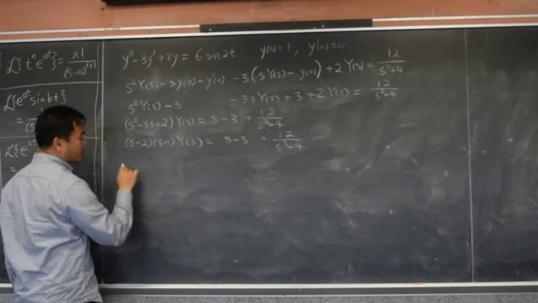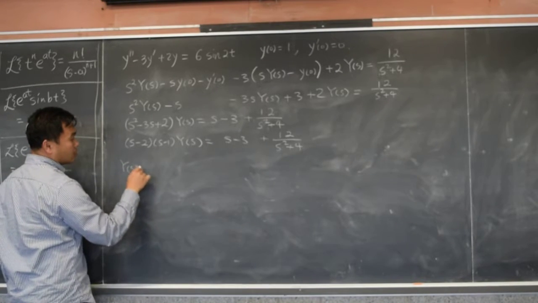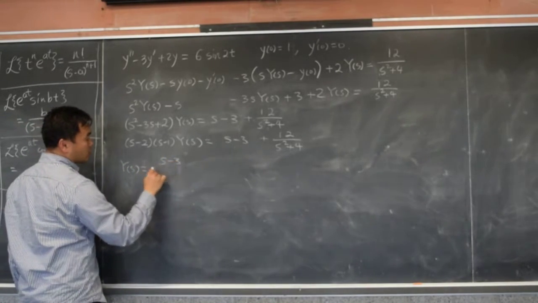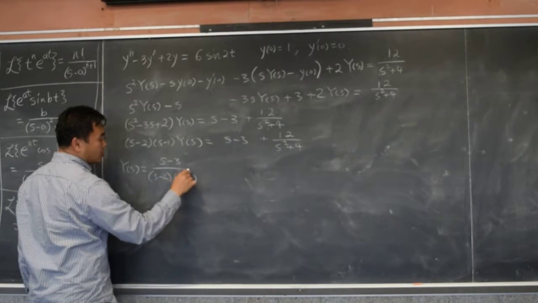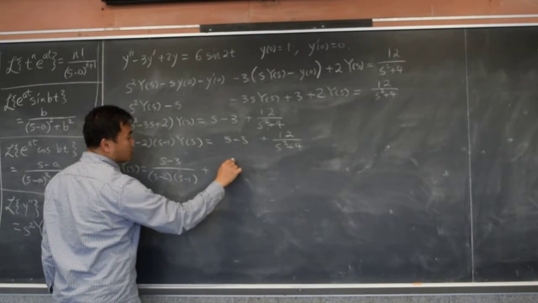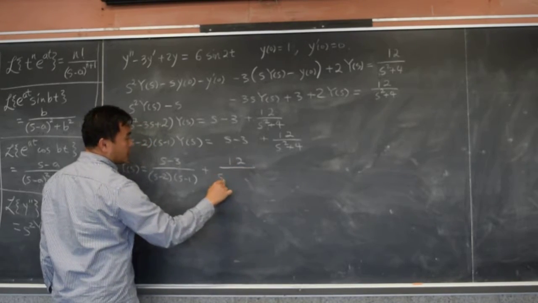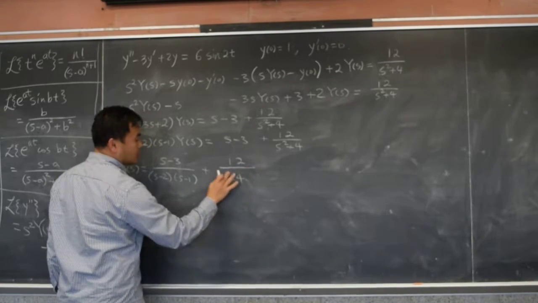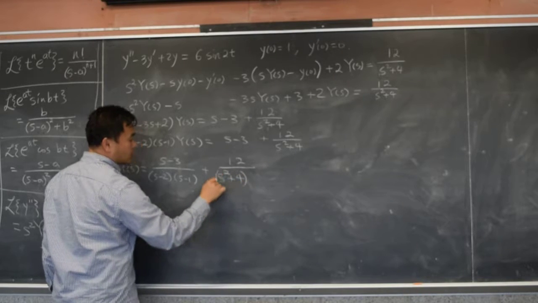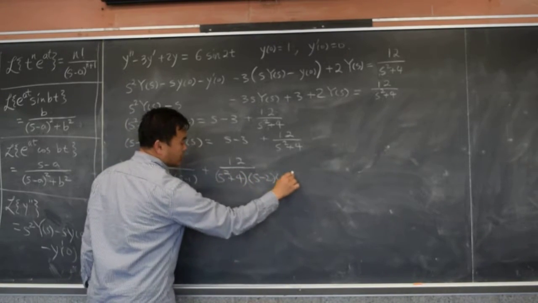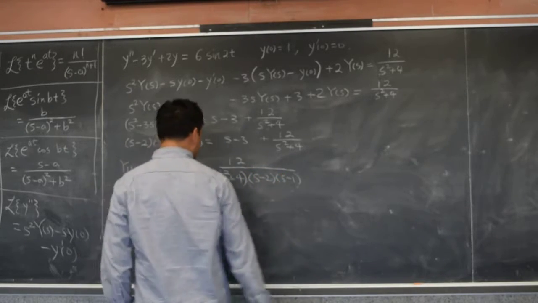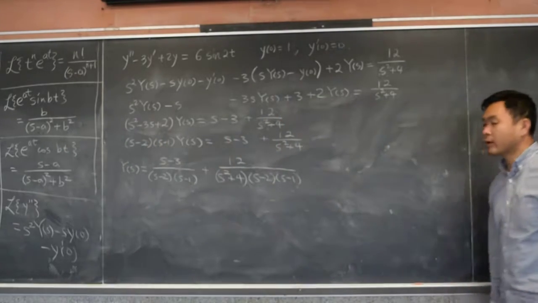If I divide, I get Y of s equal to s minus 3 over s minus 2, s minus 1, plus 12 over s squared plus 4, s minus 2, s minus 1. Okay.